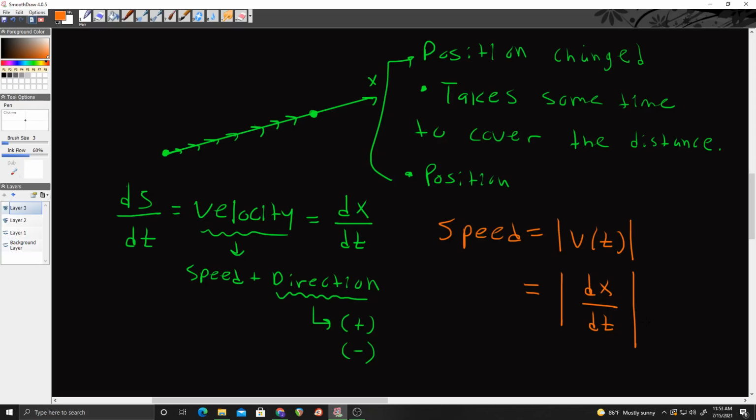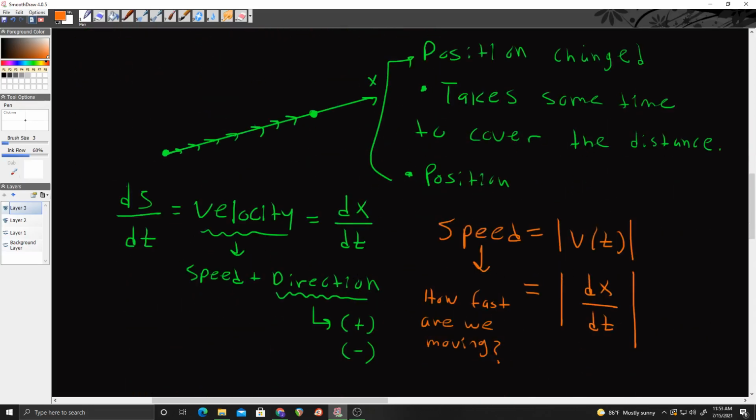And that gives you the speed. So speed has a meaning. It tells us how fast. How fast are we moving? That's what speed's all about. Velocity is how fast are we moving and in what direction are we moving. Speed is just how fast.